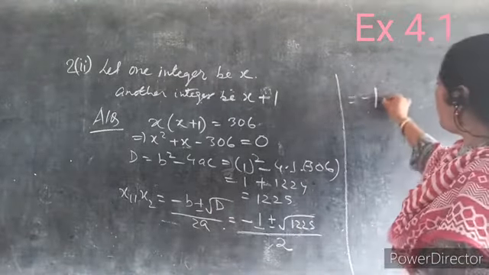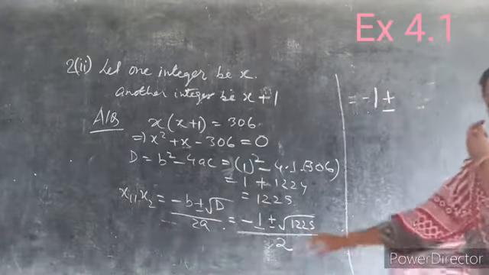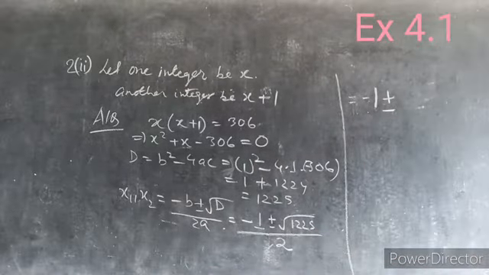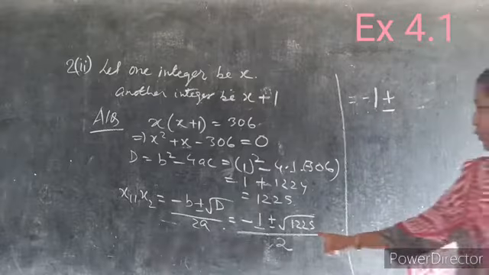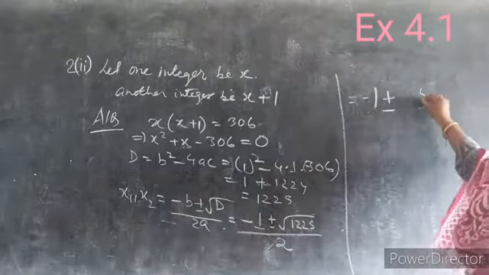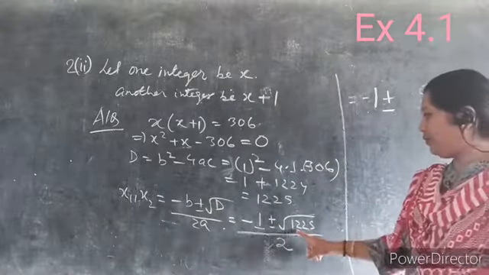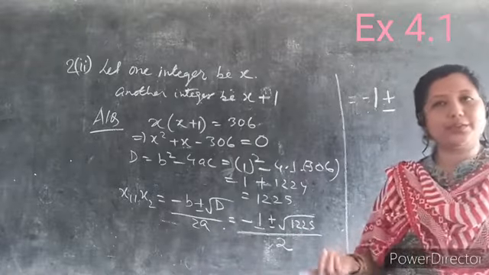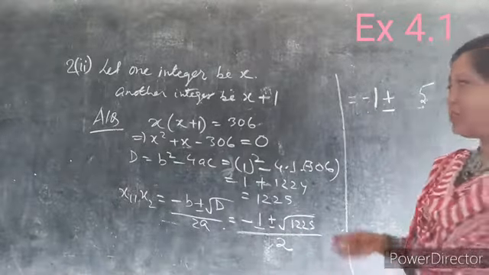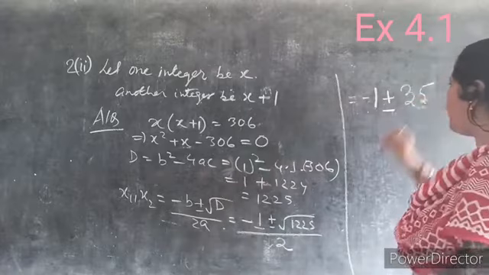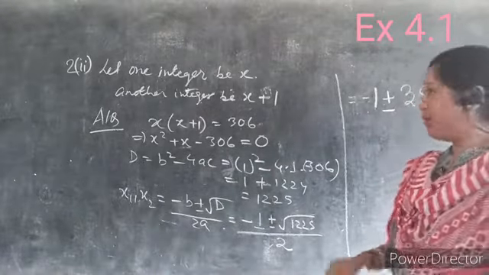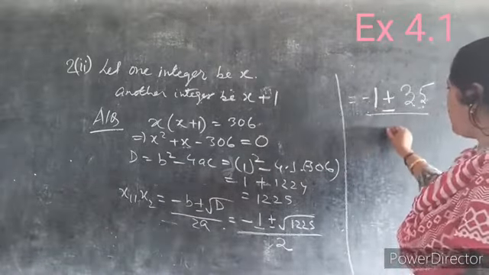So minus 1 plus minus, so 1225, if you see, I think 25 will be having one value, unit place 5, 12, so if you see 12, 3 into 3 is 9, 4 into 4 is 16, so I think it should be 3, okay, divided by 2.